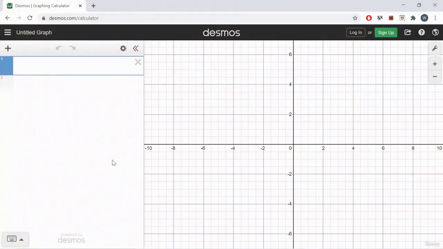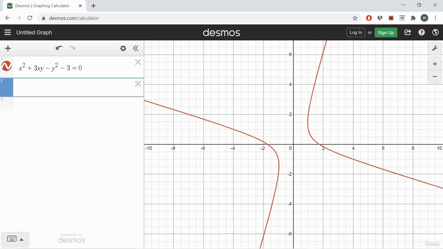When we're first learning about these sorts of things, it can be really fun to just try sketching them on Desmos and seeing what they look like. So what do we have? We had x squared plus 3xy minus y squared minus 3 equals 0.